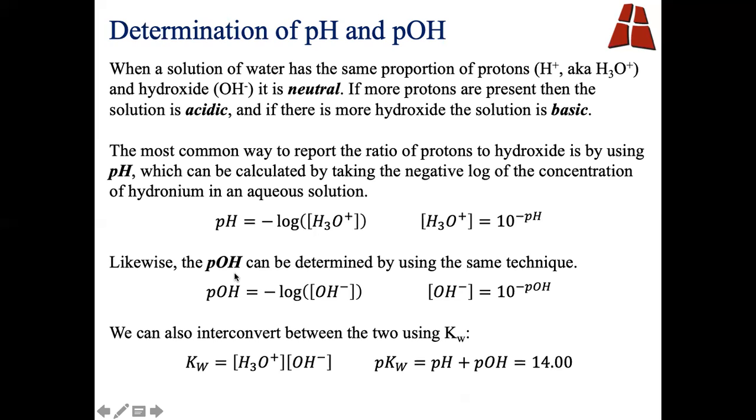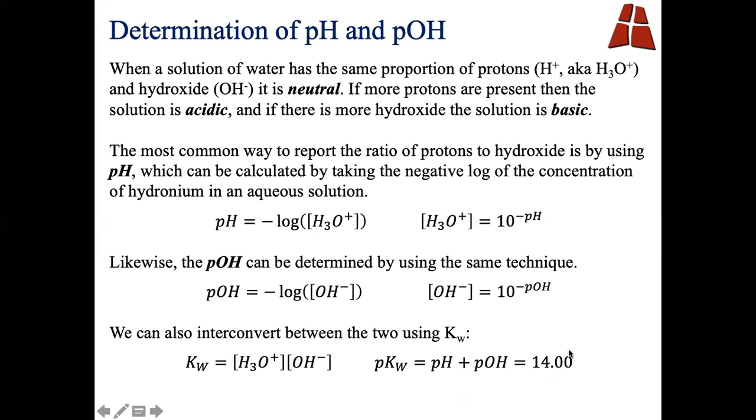Okay. We can also interconvert between pH and pOH using our Kw expression. And so Kw is, as we previously defined, our concentration of hydronium multiplied by our concentration of hydroxide. We could say that our pKw is going to be equal then to our pH plus our pOH.